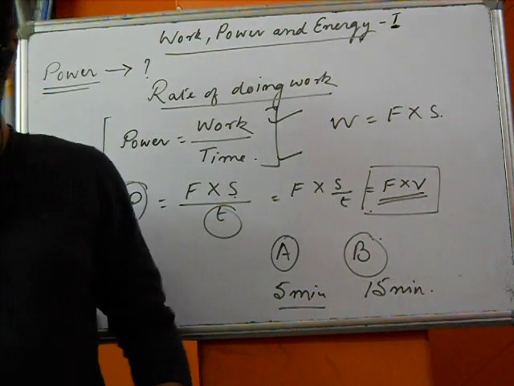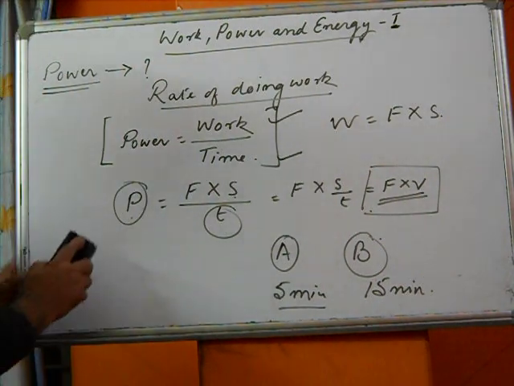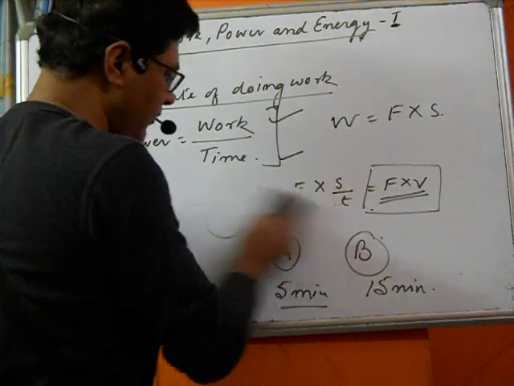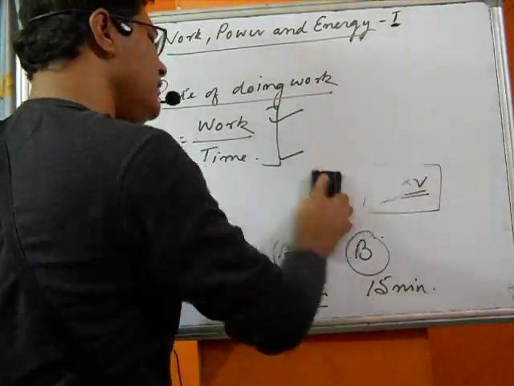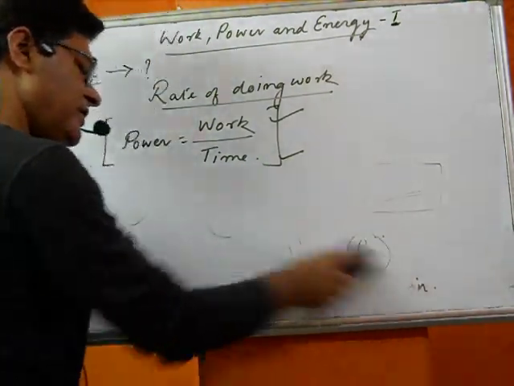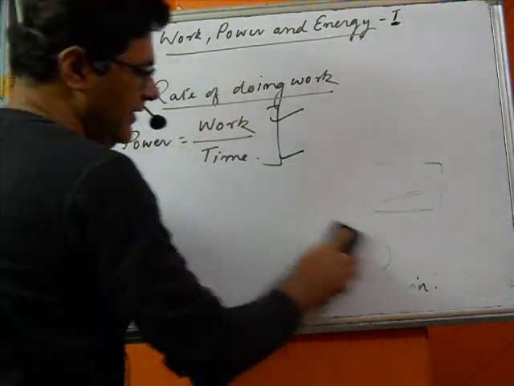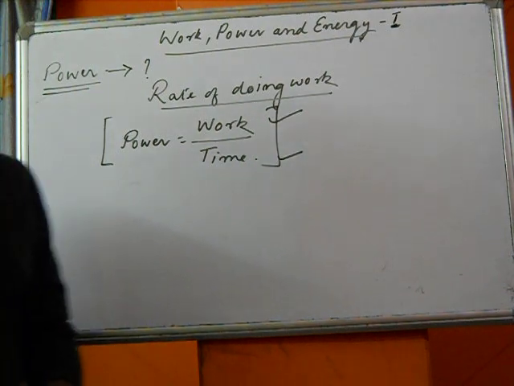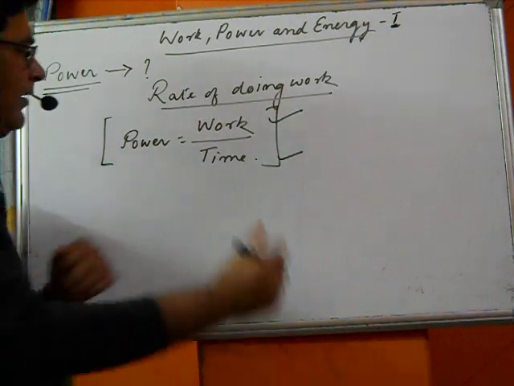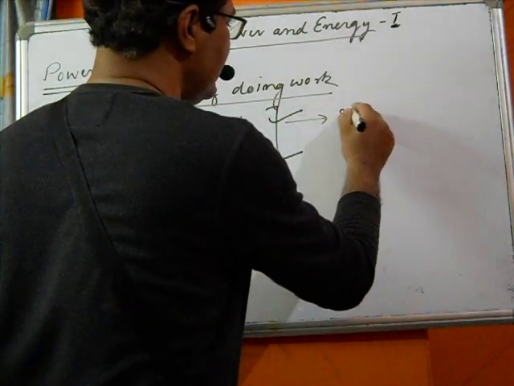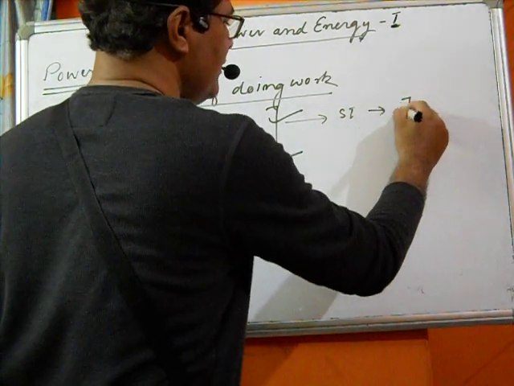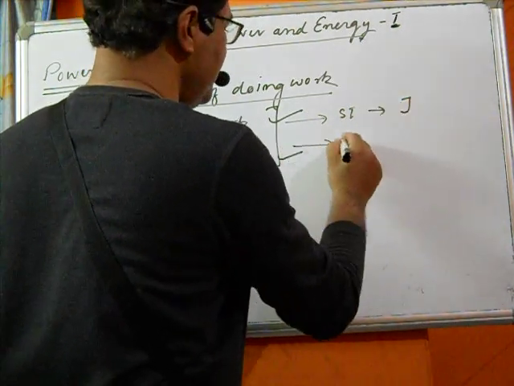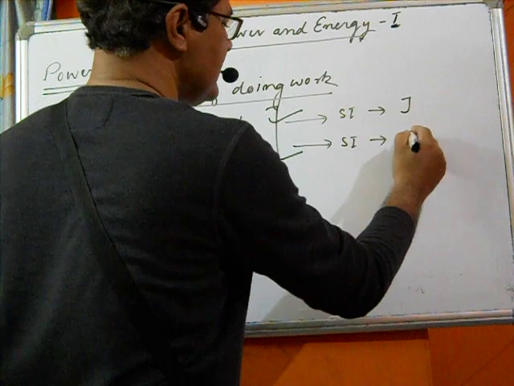We will understand the units of power also. What are the units of power? You don't need to learn the units, you can derive the unit yourself. What is the SI unit of work? Joule. And the SI unit of time? Second.